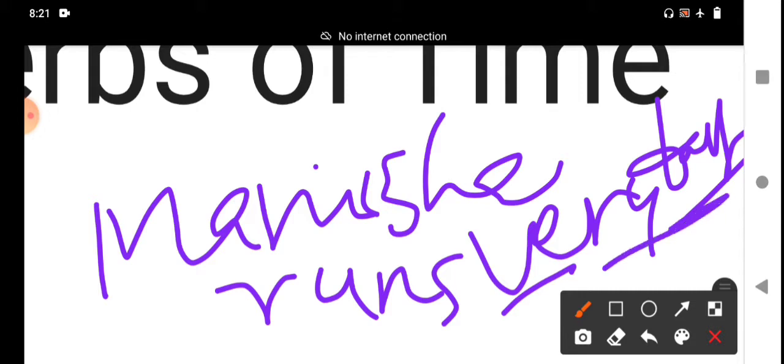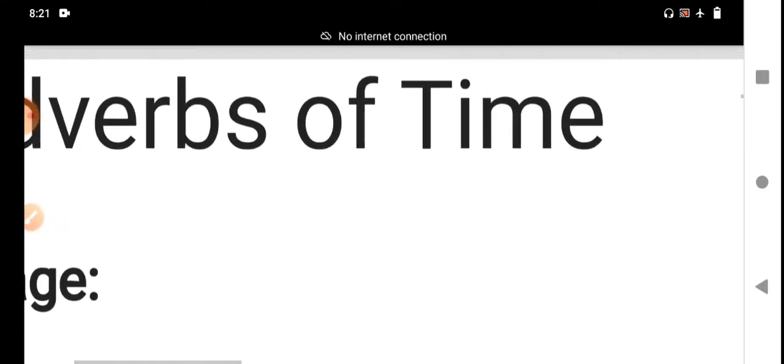Both are adverbs. So, my dear students, you should understand the definition: it modifies a verb, an adjective, and another adverb. For example, he recorded quite fast. Quite is one adverb, fast is another adverb.